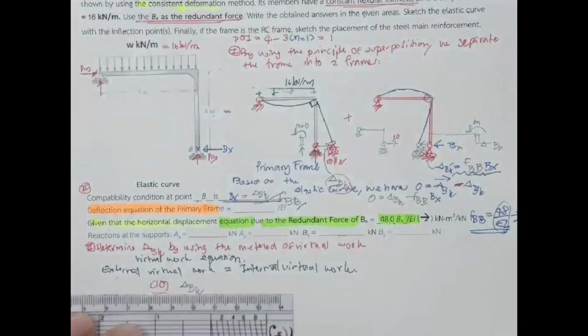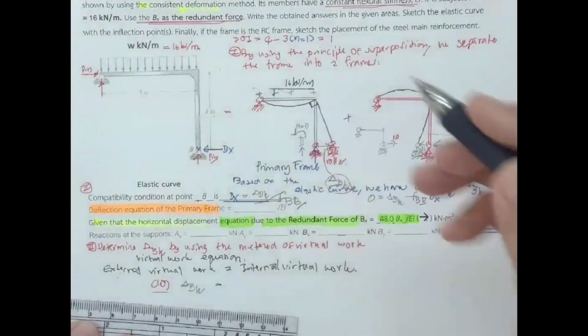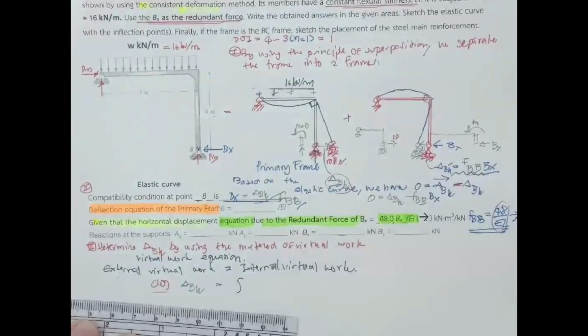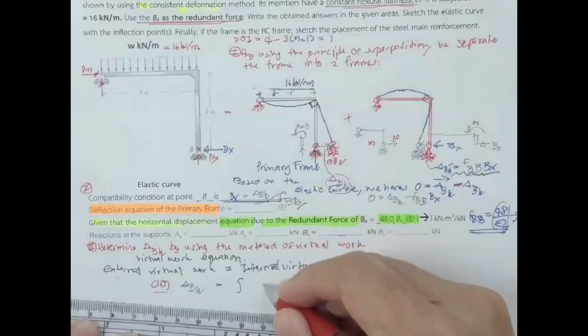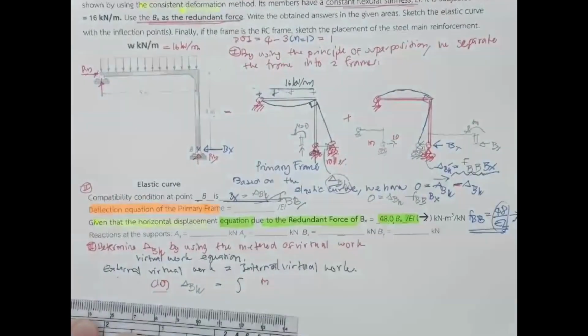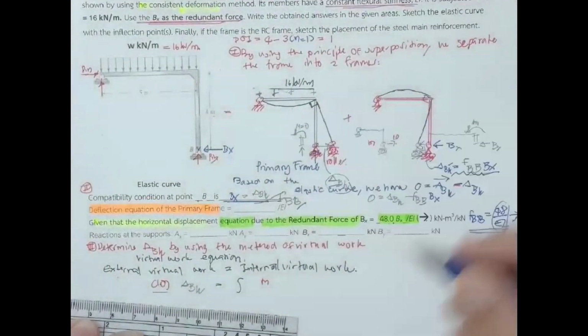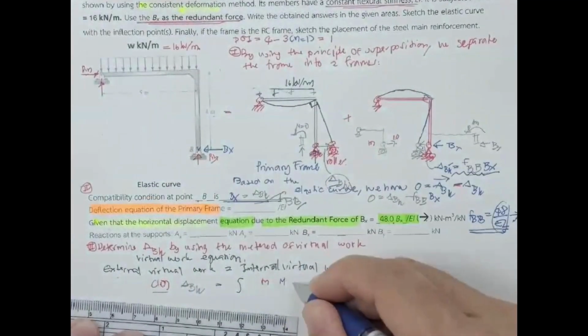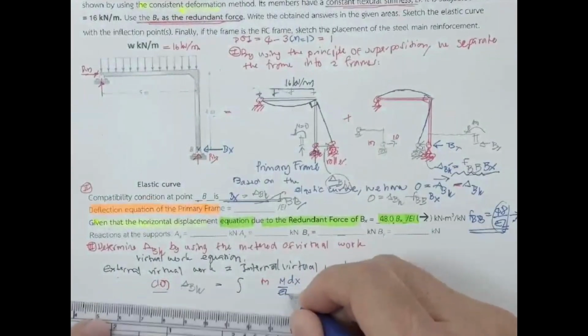And then it's going to be equal to, due to the continuity of the frame, an integration. This 1 unit load causes the internal bending moment due to the virtual unit load, m, and then we have the integral of m M dx over EI.